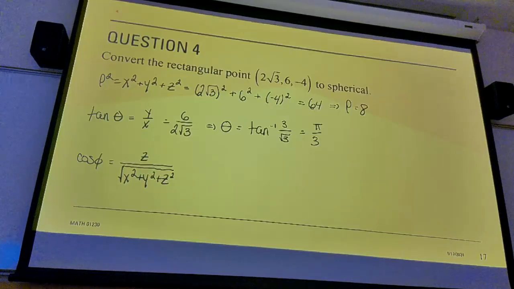But what was z? Remember that the denominator is rho. Phi is the inverse cosine of negative 1/2, which is what?